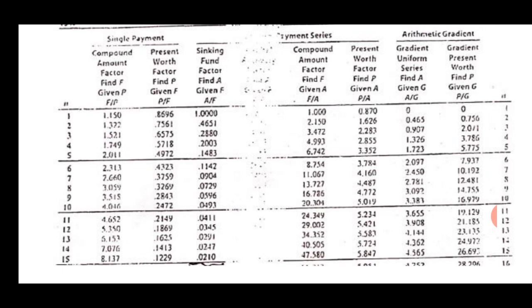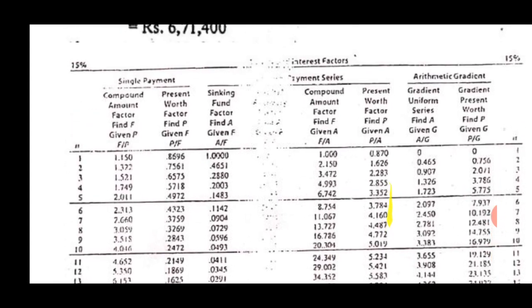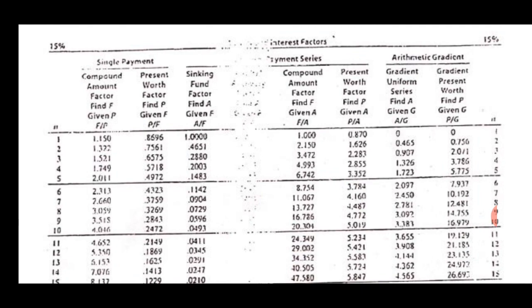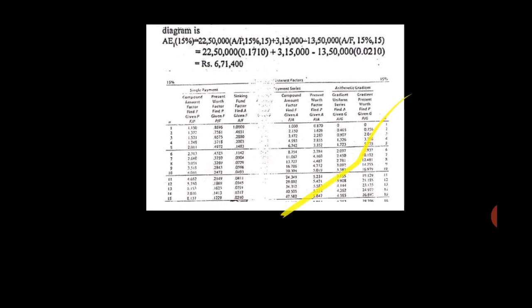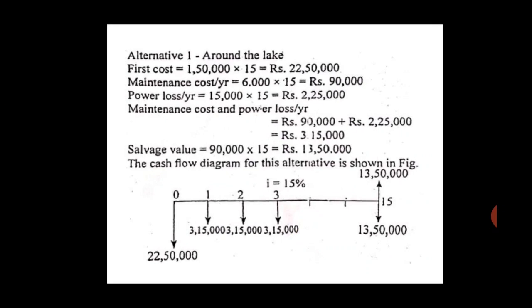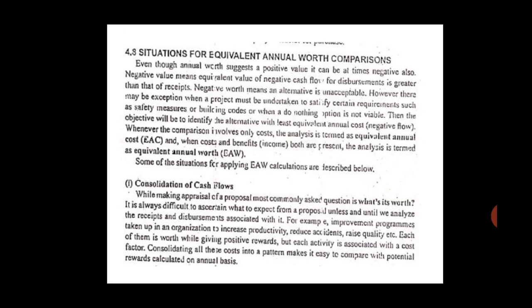You can get these values from the chart and thus calculate the value. Okay, so this was cost based, not revenue based. On revenue based, revenue should be high; on cost based, cost should be low. Okay, this is the way you solve the problem.